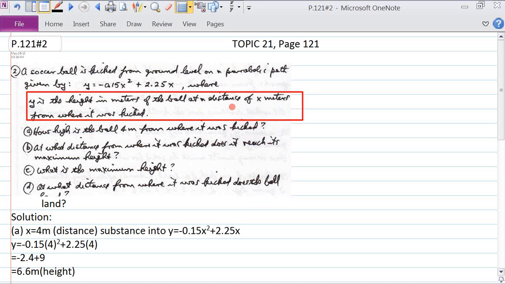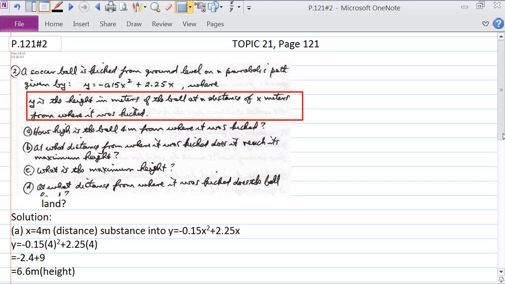So we have an x and a y axis. The x is the distance from where it was kicked, and y is the height in meters. So now, how high is the ball 4 meters from where it was kicked? That tells us x is 4.